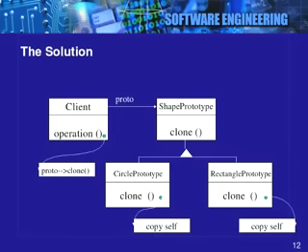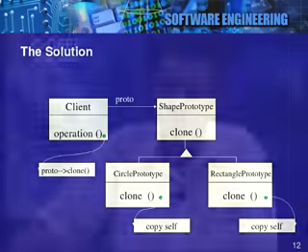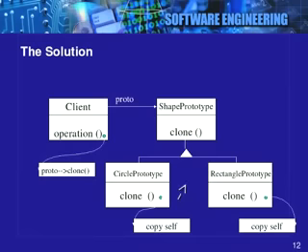The mouse click just gives you a handle to the object that was selected, and that handle is of type shape prototype. So treat it as an instance of type shape prototype, but the actual instance is from the subclasses. So this is a solution that is adopted in our graphical editor.